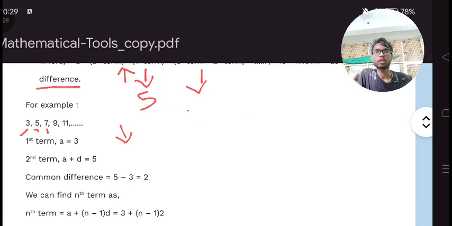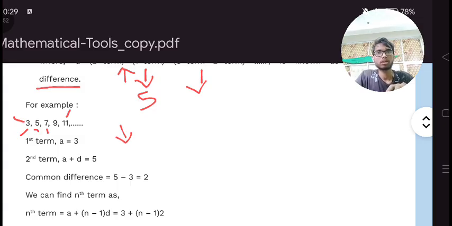So this 3 is the first term, second term is 5, third 7, fourth is 9, and next is 11. We can say that 11 is at 5th position, 9 is at 4th position. That is how we say.